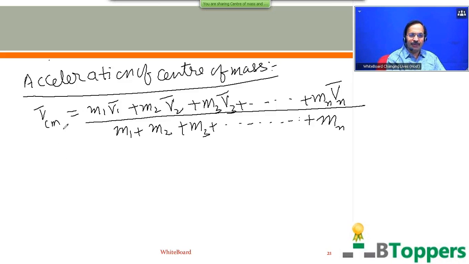To get the expression for the acceleration of the center of mass, you can differentiate this equation on both sides with respect to time t. When differentiating, the masses of the individual particles of the system can be treated as constants.